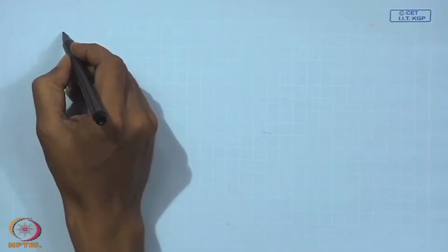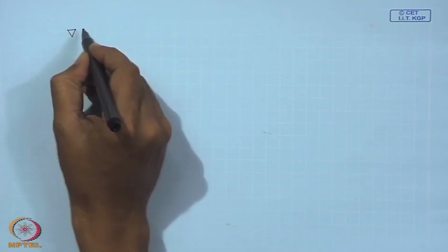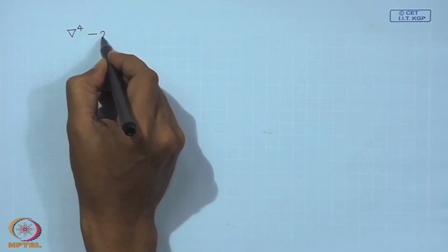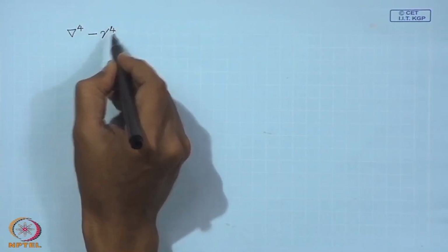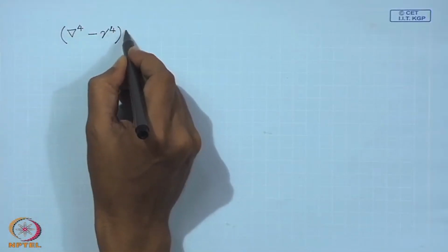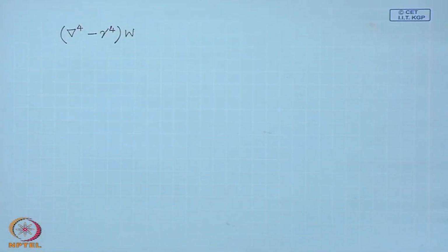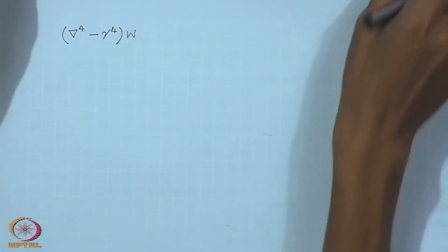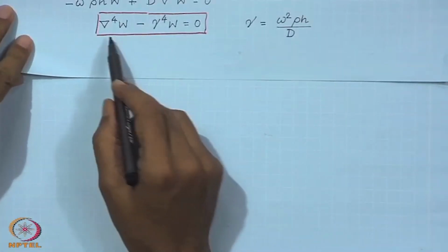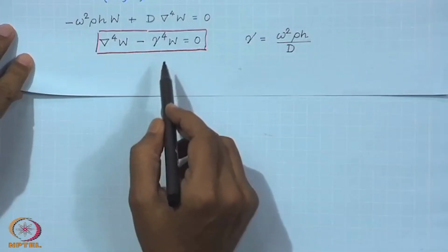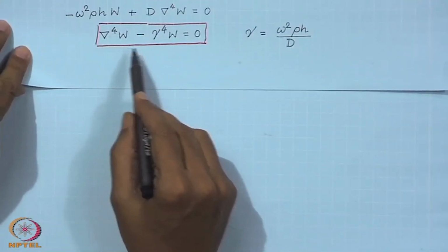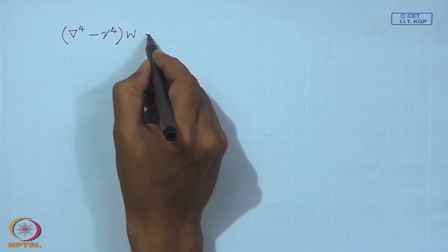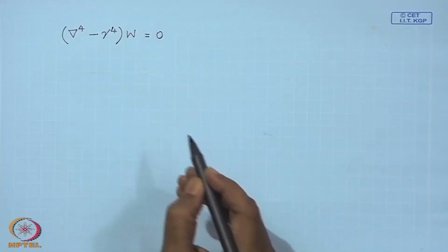So, we have, I can write this as this operator in the equation of motion. So, I can write this as nabla power 4 minus gamma power 4 operating on w, and that is 0.